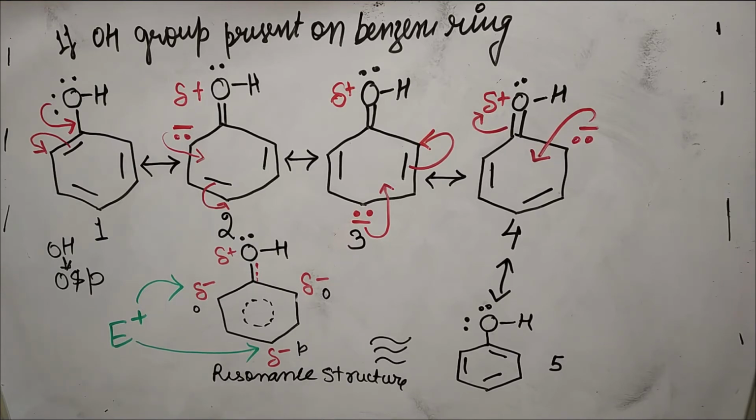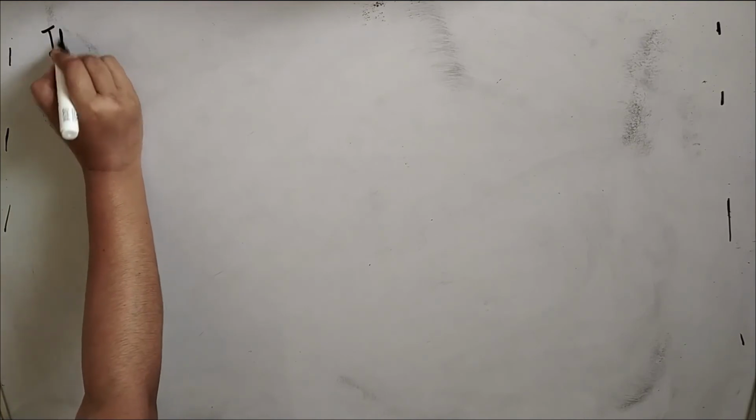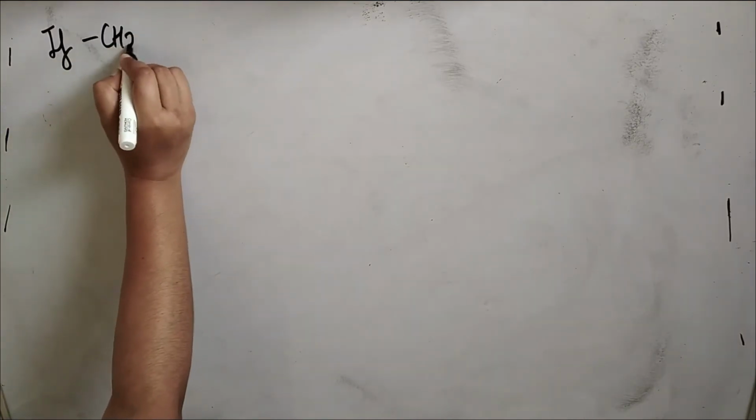Now let's see the effect of an alkyl group. If an alkyl group is present on the benzene ring, let's take another example. If a CH3 group, a methyl group, is present, we can write this example for any alkyl group, to see how the presence of an alkyl group affects the reaction of benzene.